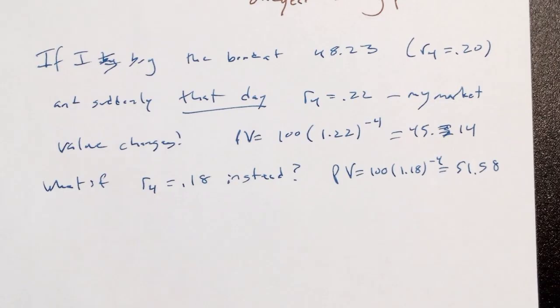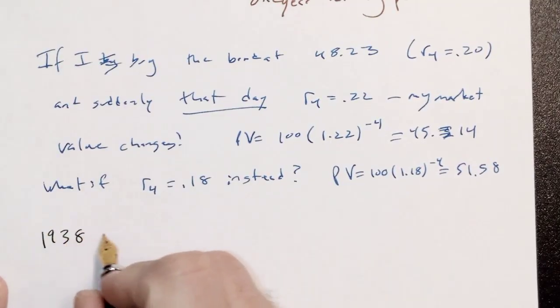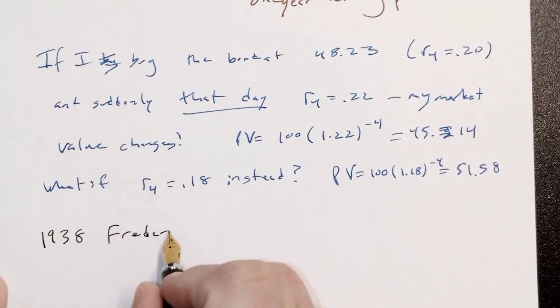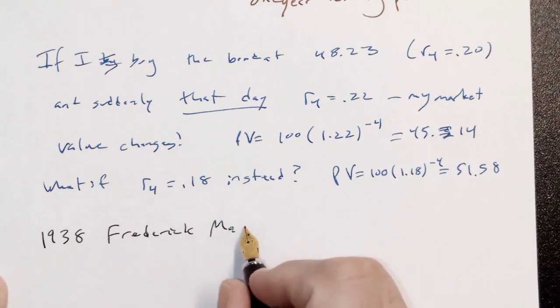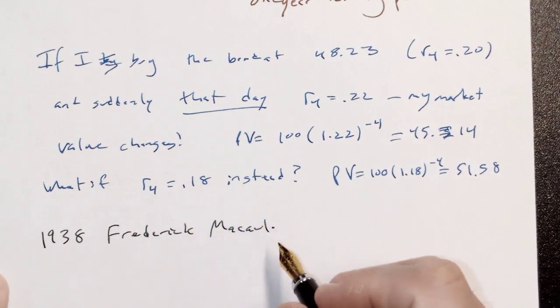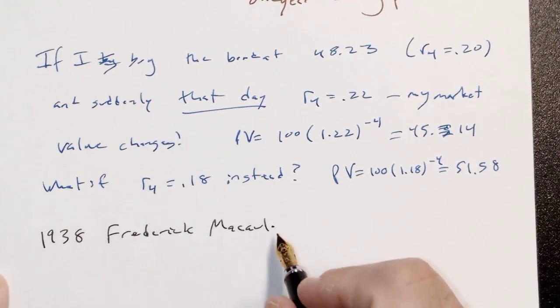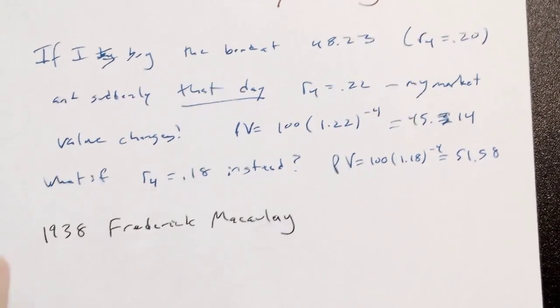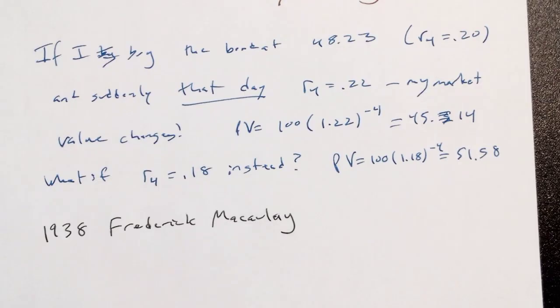In the late 30s, a guy by the name of Frederick Macaulay. I always screw up this guy's name. It's an A at the end. Frederick Macaulay wrote a paper studying interest behavior from 1856 to 1958.